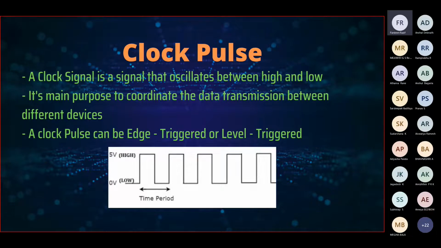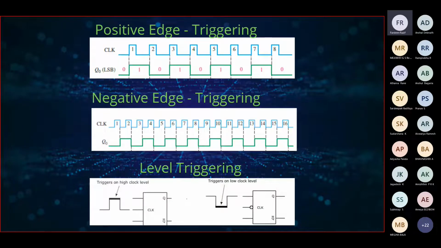And there are different types of clock pulses. For example, you can have edge triggered or level triggered clock pulses, and I'll explain this in the next slide. So here you can see on the topmost diagram you have a positive edge triggered clock pulse. So what does this mean?